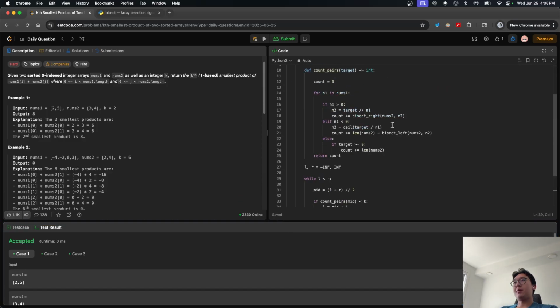Now why do I need to do this part? Actually, why do I need to do this part?